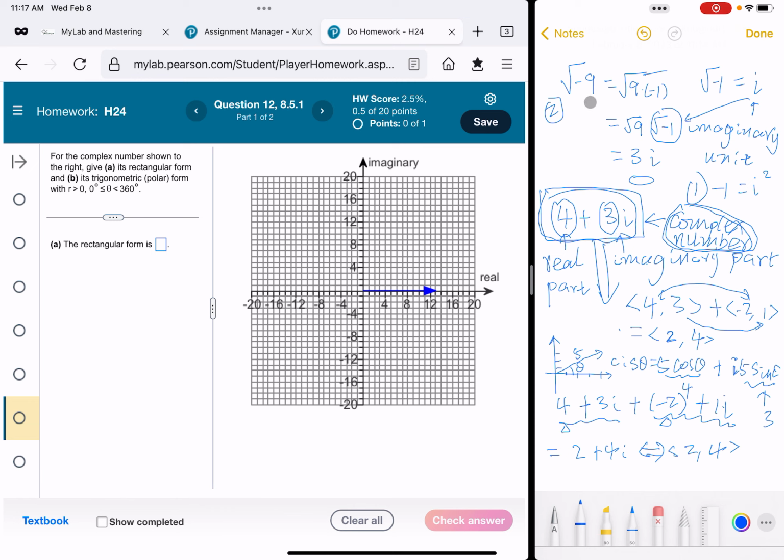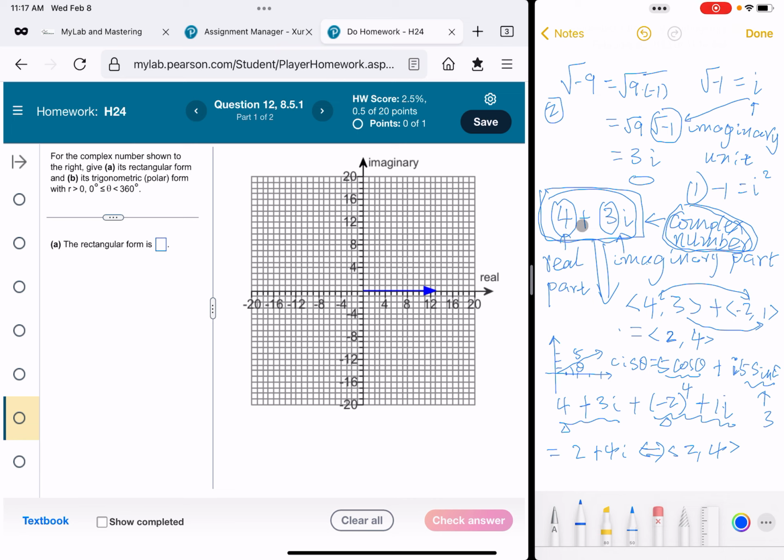The second one, we can deal with all the negative numbers inside the radical sign by doing like this. This number 3i is called an imaginary number. Now, if we want to add a real number 4 with the imaginary number 3i, can we put them together?